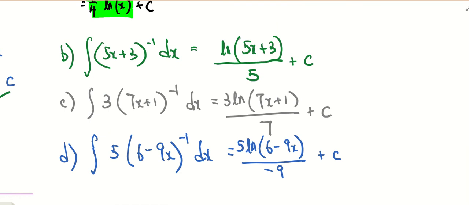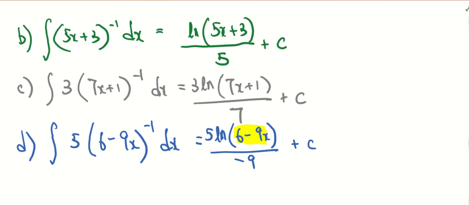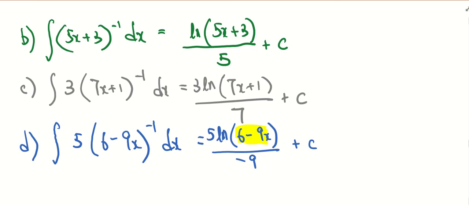Take note, last year when we did logarithm or ln, you cannot ln or log a negative number. So this means, if they were to ask specifically, is there a specific range that you need to work with? Yes. Let's take a look at part D. I must have the bracket term to be positive. This means 6 minus 9x must be greater than 0.